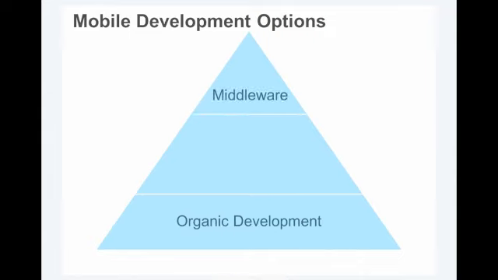The other option is to do it with our existing middleware solutions. These are solutions that sit generally on-prem in your enterprise. They provide a single point of interaction and then a secure channel to the devices themselves in which to provide a mobility solution.